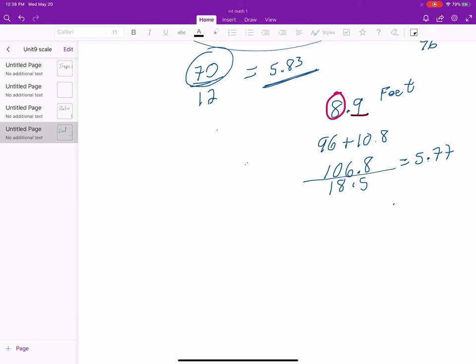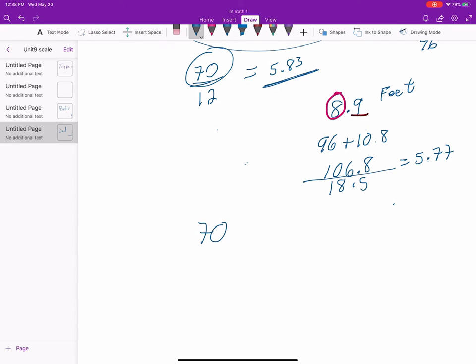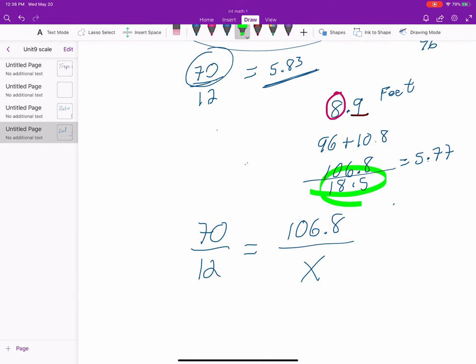You could do it with proportions also, simply by going 70 over 12 equals his height, remember, that has to be in inches, over x, and cross multiply and see if I get the same answer as this 18.5. So I'm going to do that real quick. Oh man, I just screwed up.